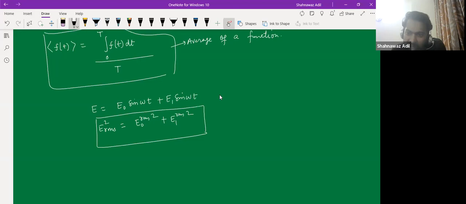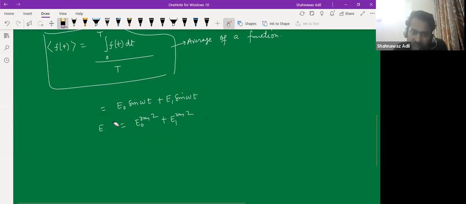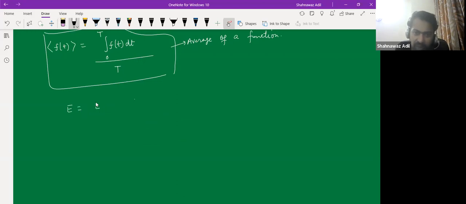So I mean to say that I should write it properly, right? Let me write it in this way. Let's say your EMF is the sum of two wave functions, E1 plus E2, right?